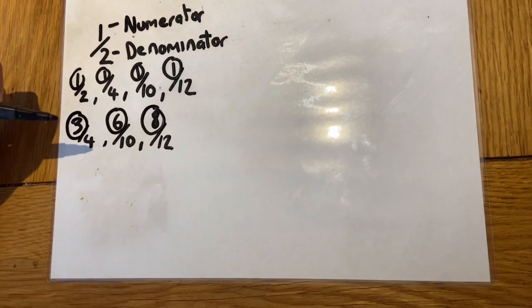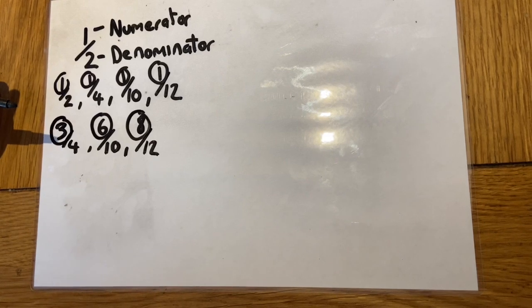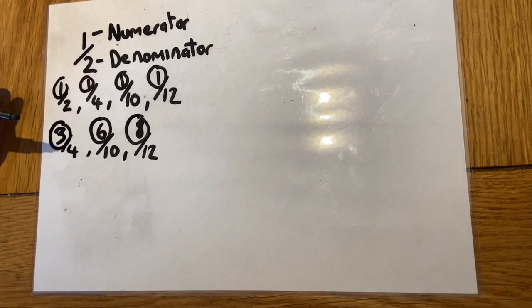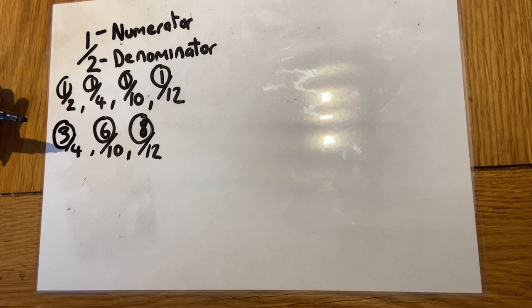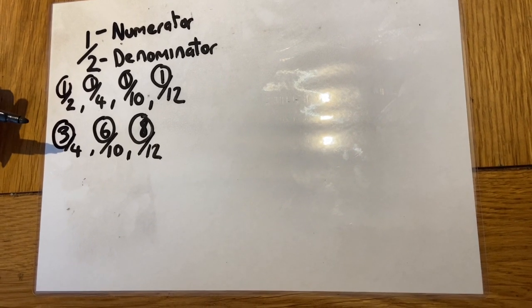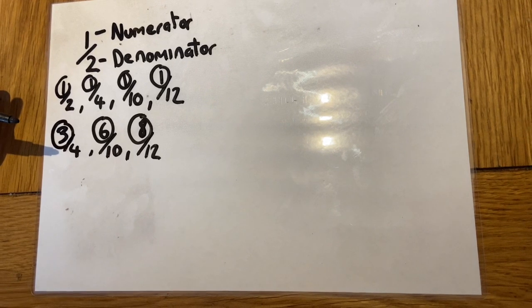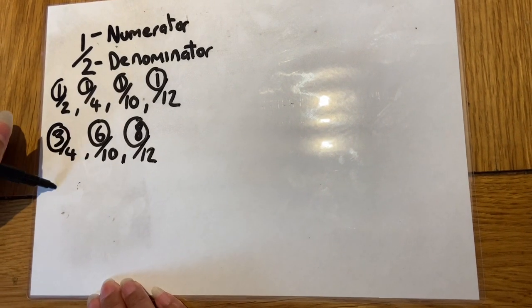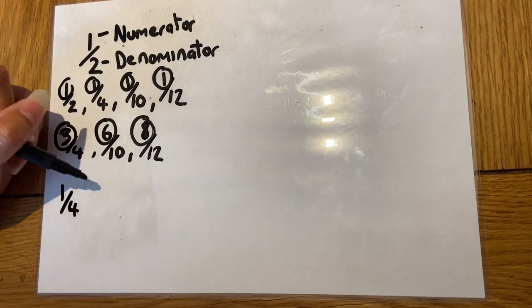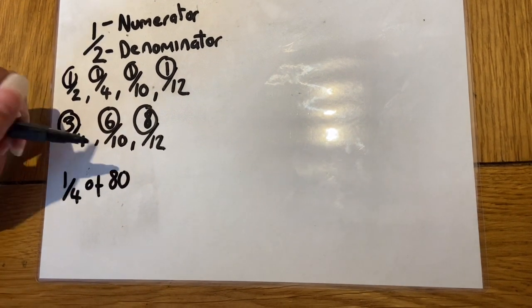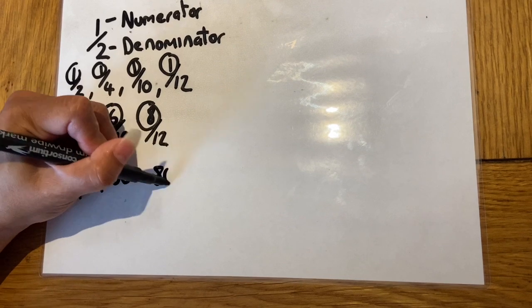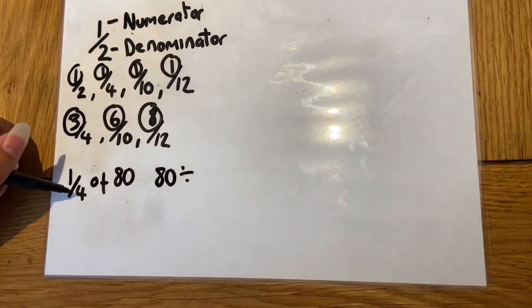Okay, brilliant. If you want to find the equivalent percentage of a unit fraction, we divide the number by the denominator. So for example, if you want to find out a quarter of 80, we divide 80 by the bottom number.